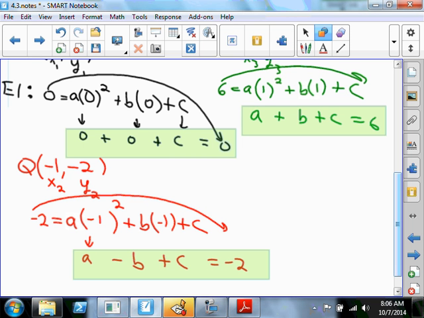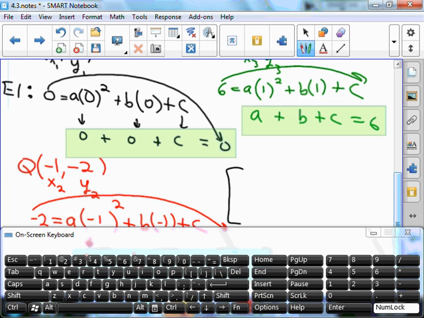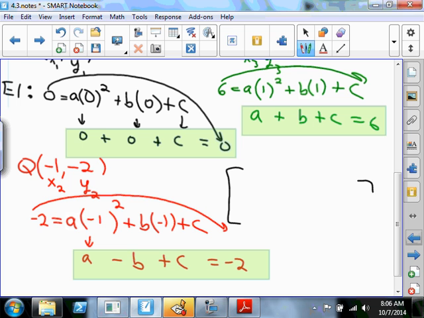So now it's time to write a matrix then. We're going to write a 3 by 4 matrix. The first row of the matrix is going to be the coefficients of A and B and C, and then that constant that everything equals.